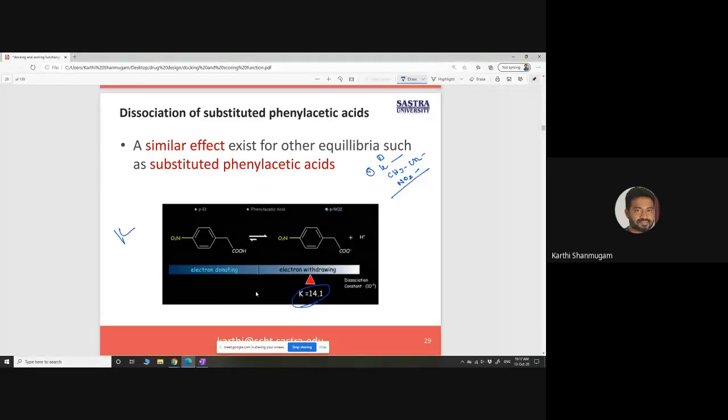The second series of compound he took was phenylacetic acid. He calculated the K value as it is, then replaced the hydrogen at the para position by CH3CH2, calculated the K value, then replaced it with an NO2 group and calculated again. So what is the observation here? What conclusion or inference can we make out of these 6 experiments?